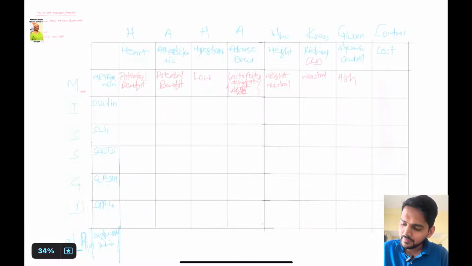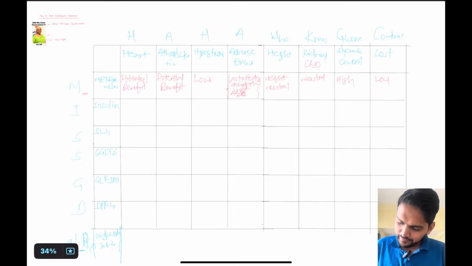When it comes to cost, we know that it is one of the cheapest drugs available for diabetes management. So cost is low. Similarly, for insulin, we know that regarding heart health, it has not much beneficial effects, so it is neutral. Atherosclerotic events, again, neutral effect.